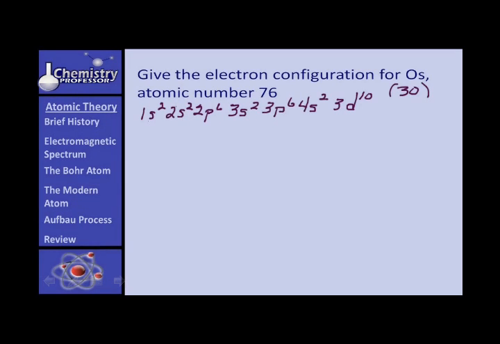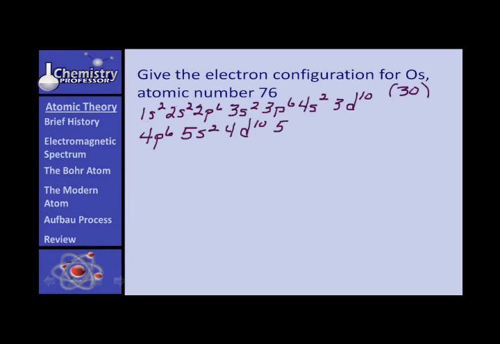So let's keep on going. After the 3d comes what? Well, it's 4p with 6. And then 5s2. And now we go back and pick up the 4d, and we fill it, because we're not through yet, fill it with 10.